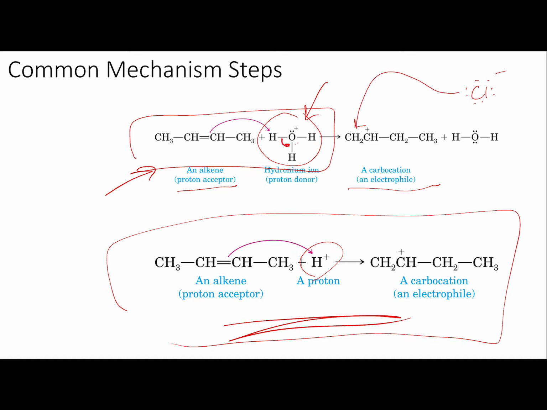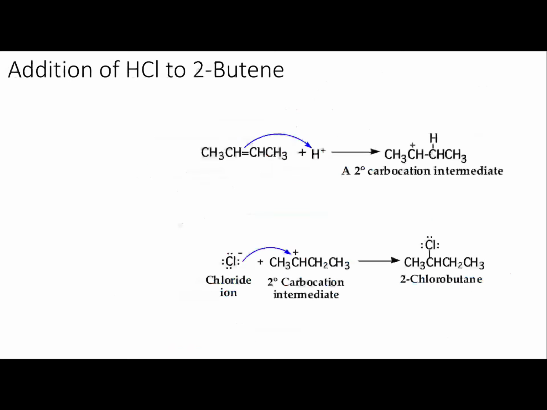And so that's why there's usually some mechanism that we're going to look at. I don't want you guys to worry too much about mechanisms because it's hard for me to test you on that, given that we're going to do Canvas exams that are online, multiple choice and such.